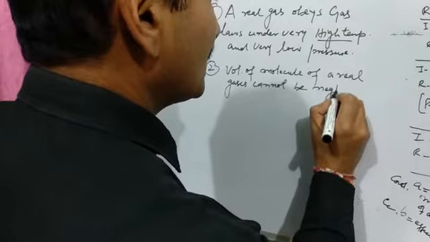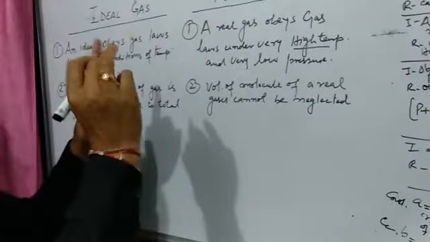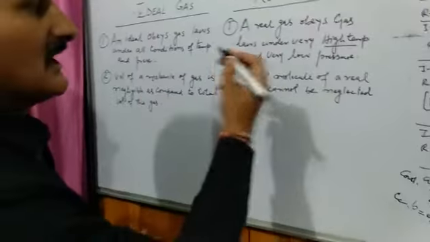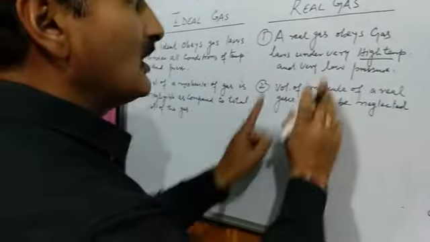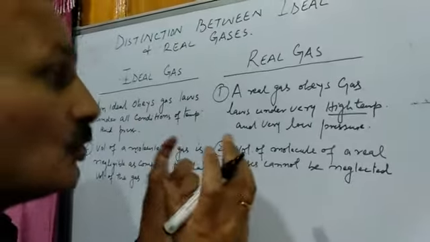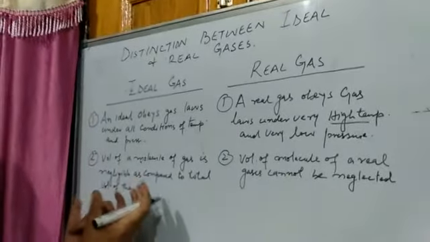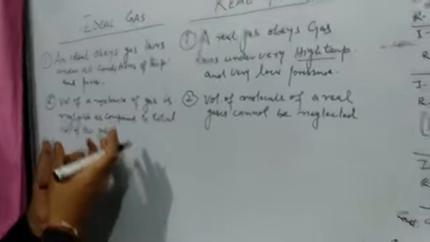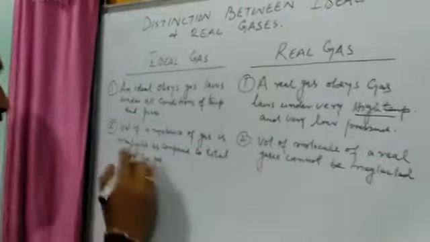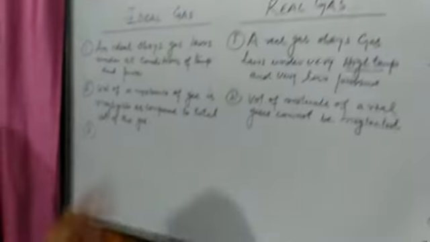This is also one of the causes of deviation of gases from their ideal behavior. So volume of molecules of real gases cannot be neglected. That means they do have some volume, while in case of ideal gases, the volume of a molecule of a gas is considered so low that we neglect it. So this is one another difference between the ideal gas and the real gas.